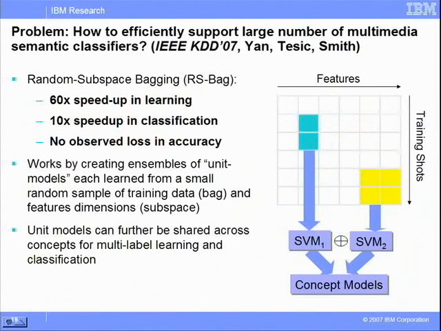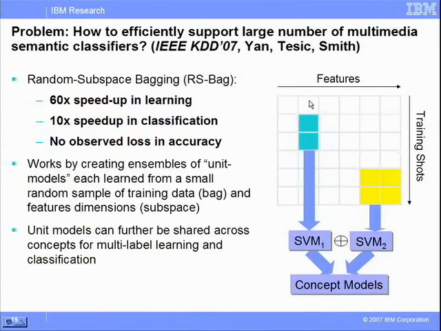One of the techniques that we recently published at the KDD conference just this summer is based on something called random subspace bagging. So I mentioned we have features that get extracted from your content. We can think of those features as being decomposed into dimensions.